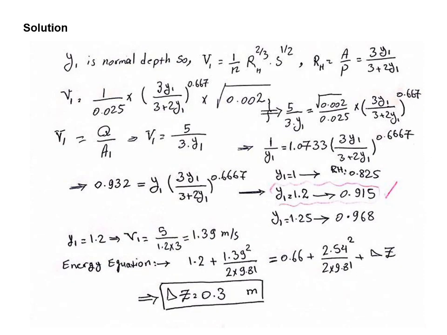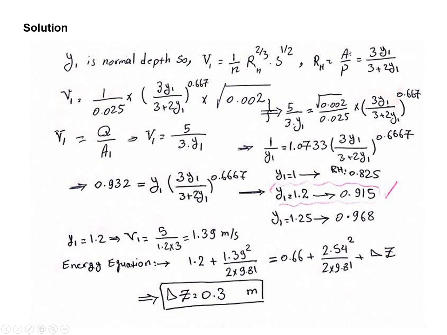Okay, y1 is normal depth. We know discharge, we know Manning roughness, and therefore it seems that we must use the Manning equation to calculate V1. But you know that when we are going to calculate velocity using the Manning equation, you have to first determine the hydraulic radius.